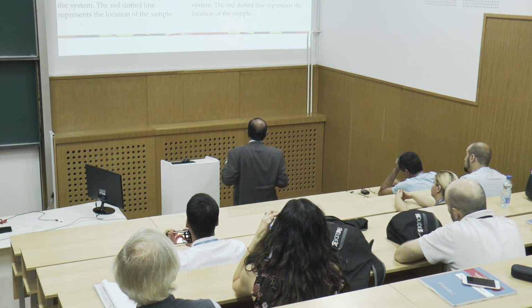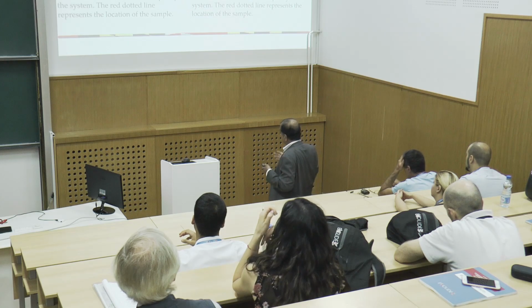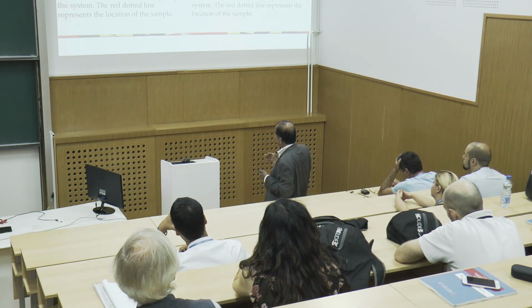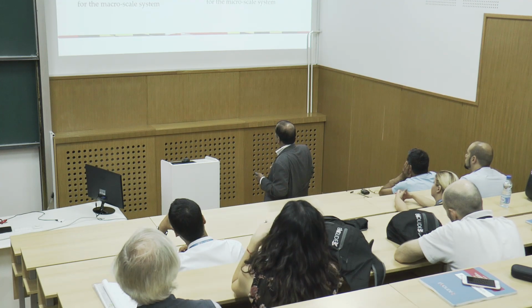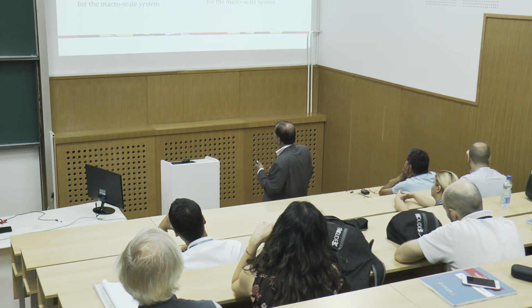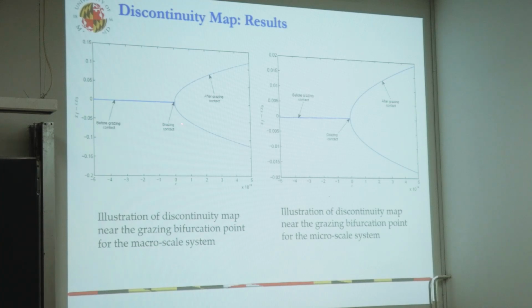This 2.34 times that we found is again something that we found from macroscale experiments. The phenomenon is universal. If you did the discrete map analysis, what you'll find is close to grazing contact, you have period doubling both in the macroscale and in the microscale system.